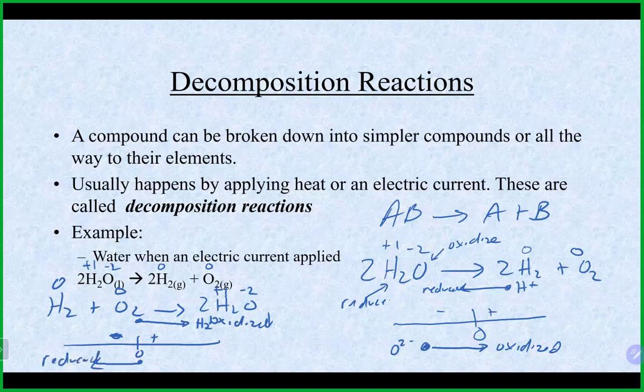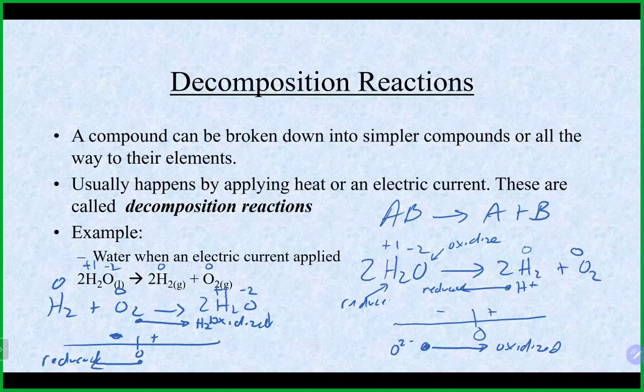So when you go opposite, the opposite things happen. In the case of making water, which is a synthesis reaction on the left, it is the hydrogen that is losing the electrons. But when you go backwards and do electrolysis, it's the opposite. It is the hydrogen actually gaining electrons. It has to get its electrons back.